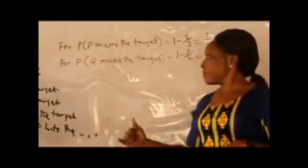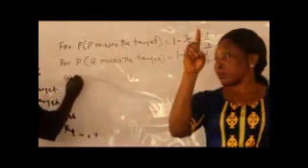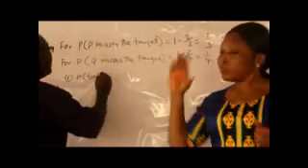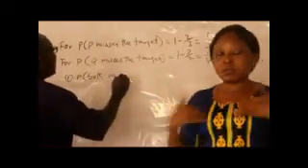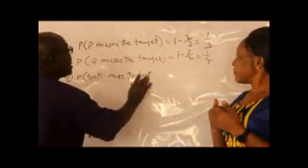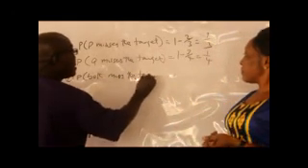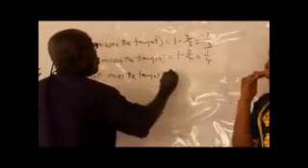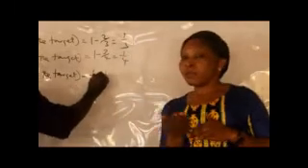So here, number 1, P and Q both miss the target. Equals, by the multiplication law, 1 over 3 times 1 over 4, which equals 1 over 12.